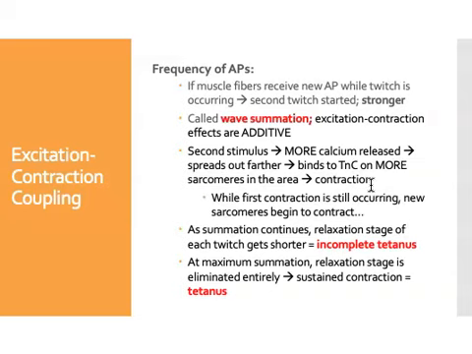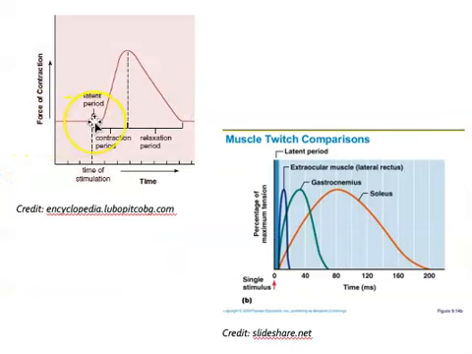Now, depending on how fast the action potentials are arriving, the frequency or the rate, as summation goes on, the twitch starts to look a little different in that the relaxation stage gets shorter. Remember, there are really 3 stages, but 2 that are critical. There's the latent period, the time it takes to initiate things.